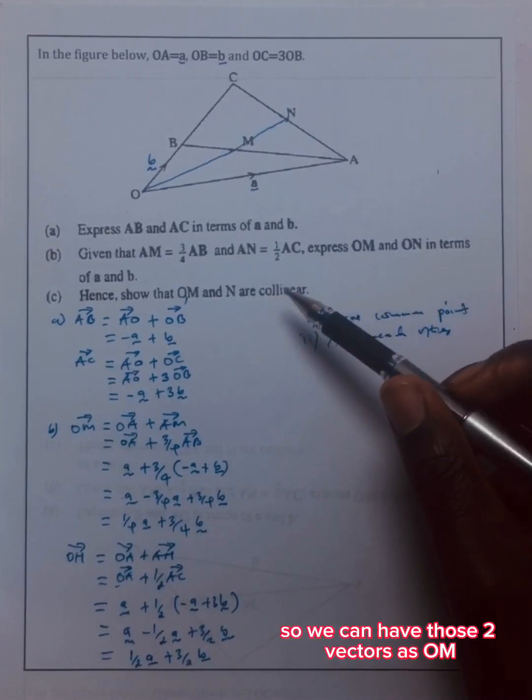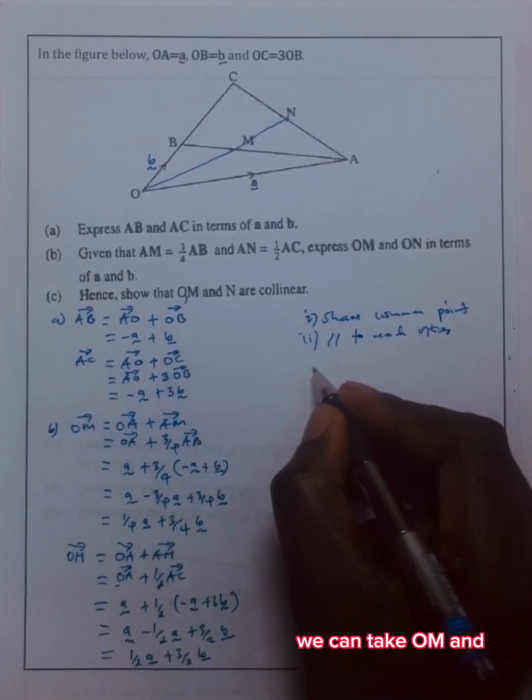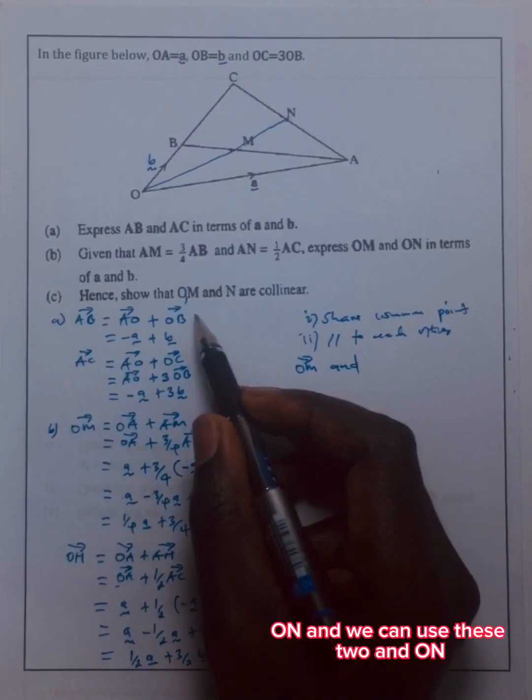So we can make two vectors. We can take OM and ON.